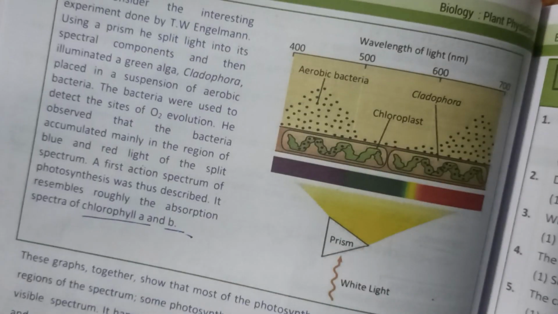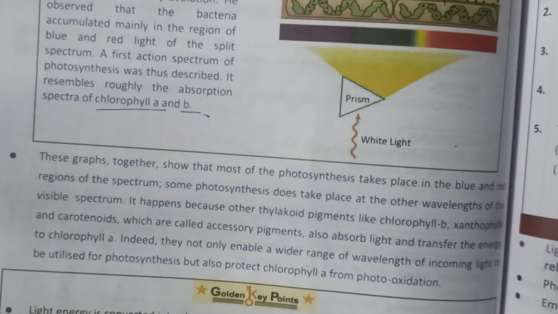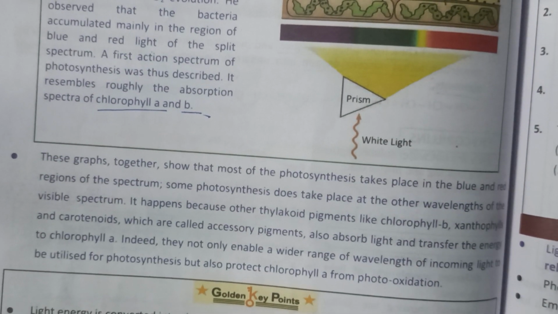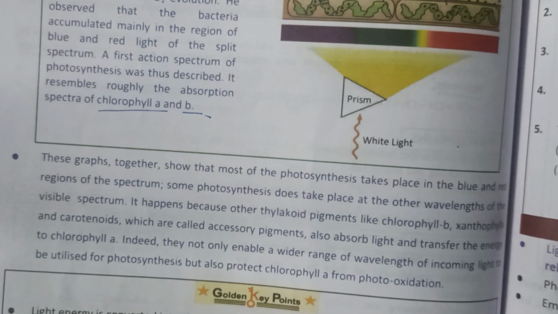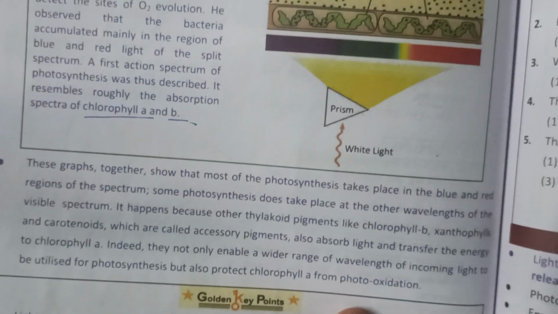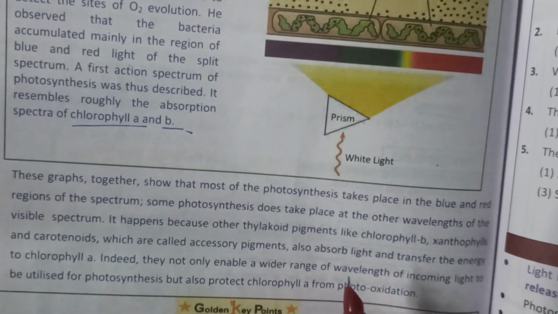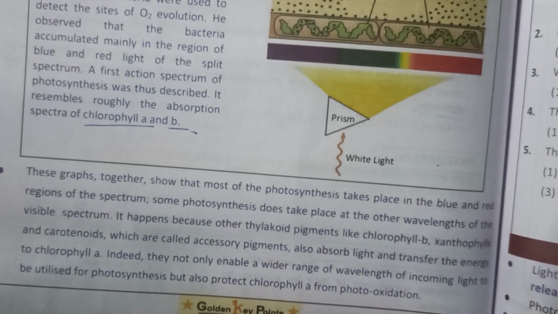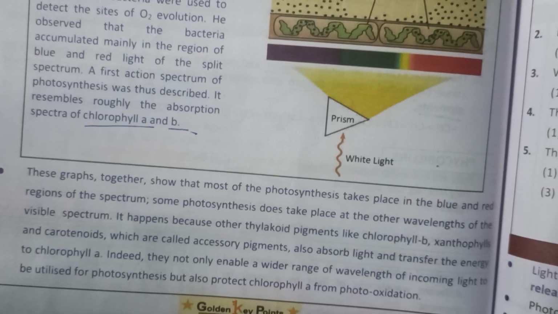So blue light and red light is where chlorophyll A and B absorb maximum light, and these graphs together show that most of the photosynthesis takes place in the blue and red regions of the spectrum. At the same time, some photosynthesis does take place at other wavelengths of the visible spectrum.